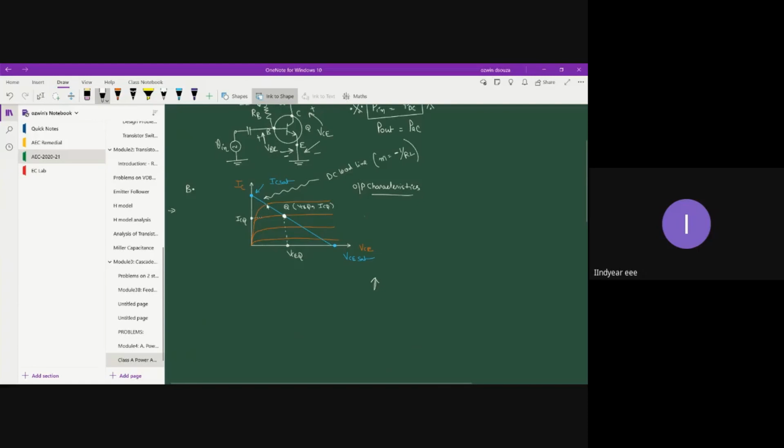So what I will do is select 2 equidistant points on the transistor DC load line, and then I will draw the thin lines. So from the top point, the middle point, and from the bottom point.